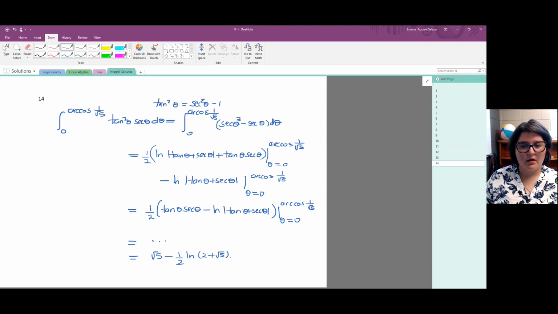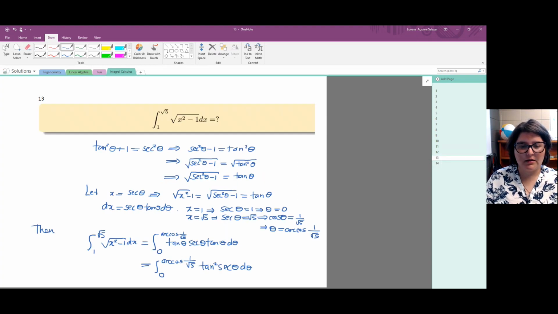Okay, so we have solved the problem by using a trigonometric substitution, and in the process we got to use trigonometric identities. That's usually the case when we're given an integral that involves a root. And in general, when we work with the root of x squared minus 1, when we see that type of expression, we like to use the substitution x equals secant of theta.